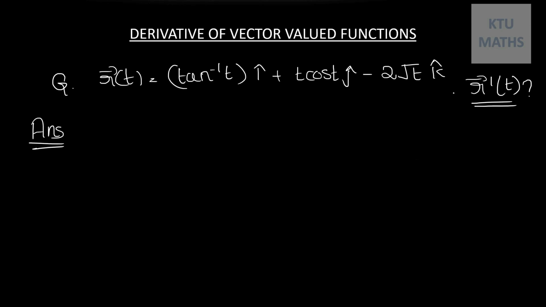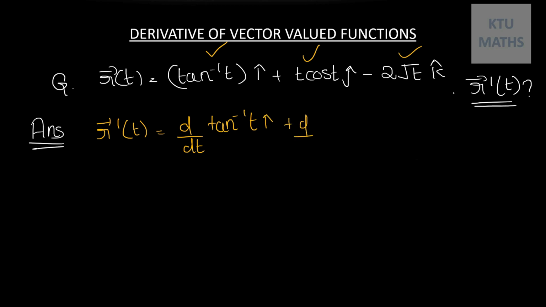As in the previous question, you will have to take the derivative of each of the components separately and couple it. Now let us do it. Derivative of vector r(t) will be d by dt, that means derivative of tan inverse t i cap plus derivative of t cos t j cap minus derivative of 2 root t k cap.